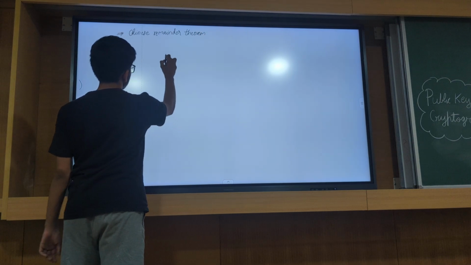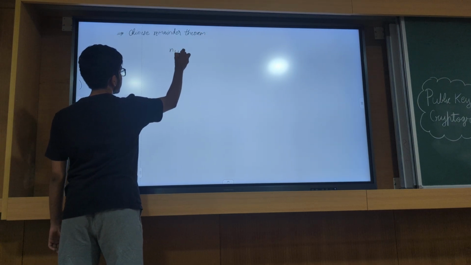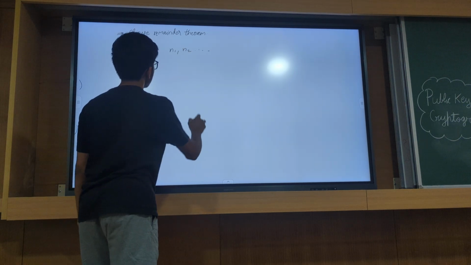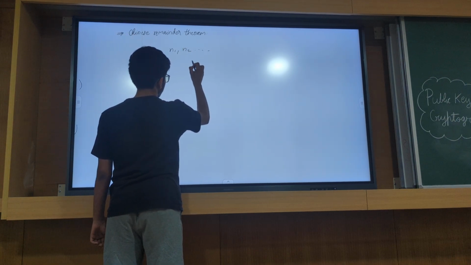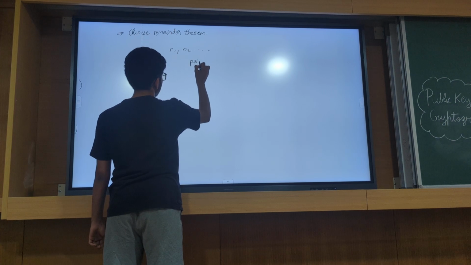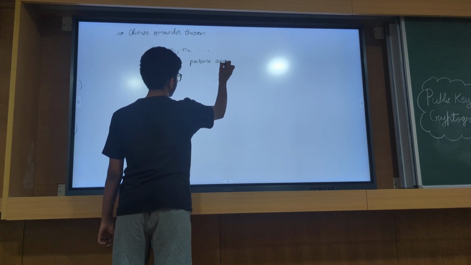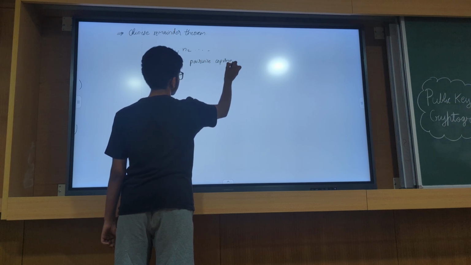Now, the Chinese remainder theorem. Let n1, n2, and so on be natural numbers which are pairwise co-prime, like each one of them is co-prime with all others.